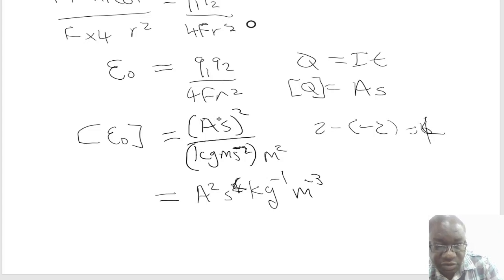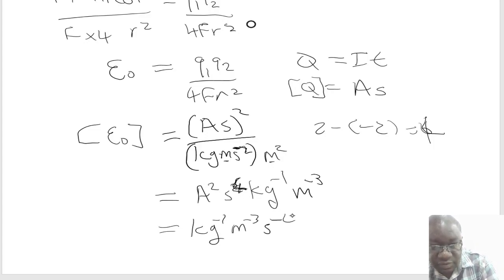A to the 2, s to the 2, and then plus this s to the 2 becomes s to the 4, and then kg to the minus 1, m is 1 there and then that's 2 there, that's minus 3. So that's how it's going to be. You can rearrange it if you want, so that it starts with kg. This should be A to the 4.